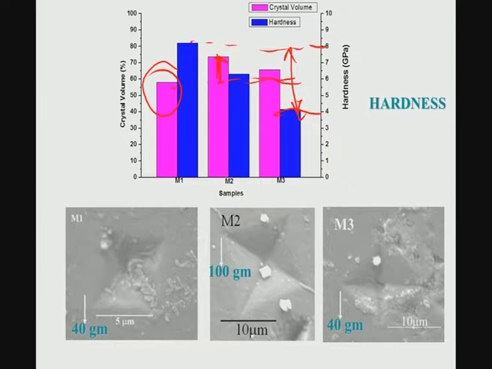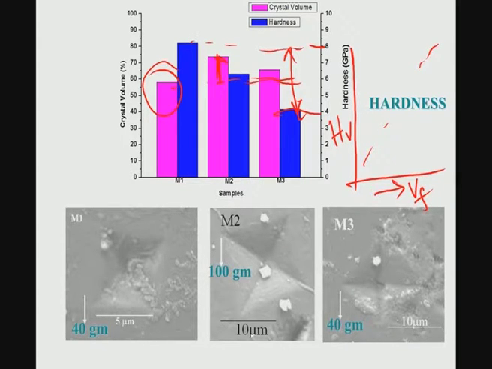Another interesting thing is that normally one can assume that if you plot the volume fraction of the crystal, the volume fraction of the ceramic phase in the glass matrix, and plot the hardness along the y axis, one would expect that the larger the volume fraction of the crystals, the higher the hardness, but that is not observed.